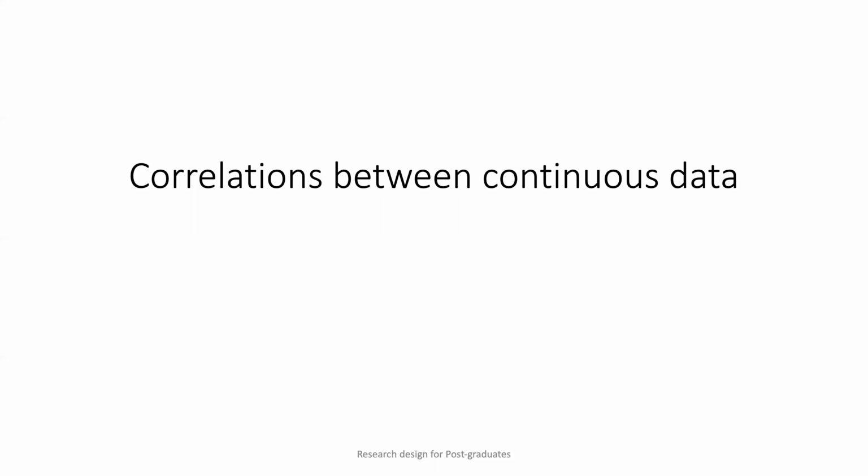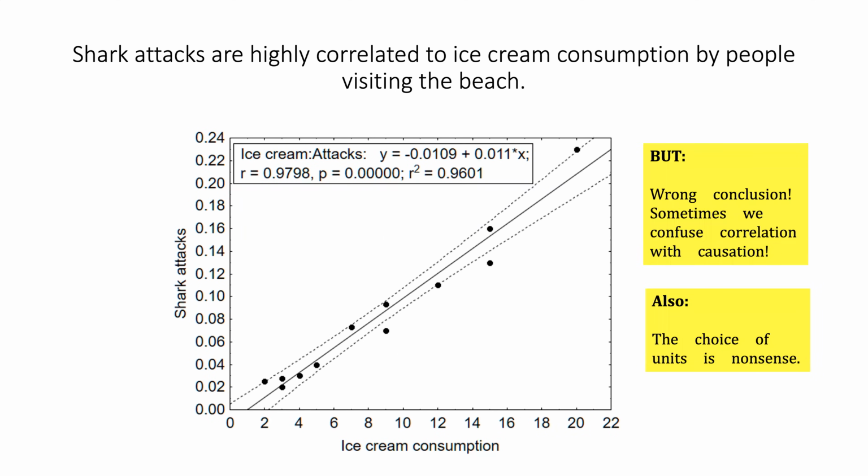One more issue to bring up is the issue of correlations between continuous data. Here's a nice example. If we go to the data from a beach, and we have the number of shark attacks, and they are correlated, as you can see quite nicely actually, to the ice cream consumption at the beach by people who visit.